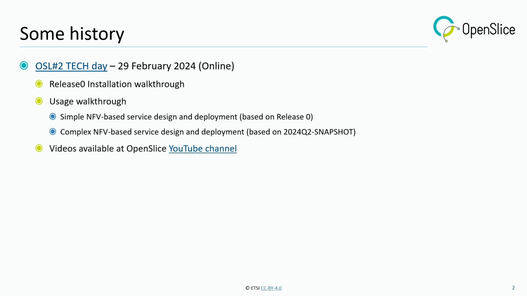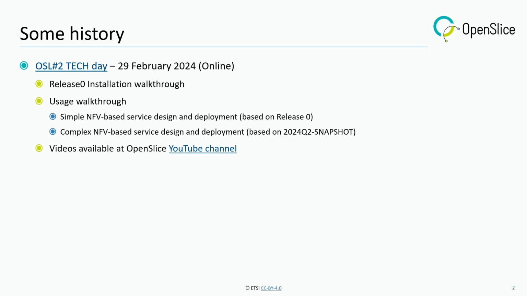We had the Release 0 installation walkthrough. Release 0 was the release that we ported from GitHub, and it was before the first initial release of OpenSlice under ETSI. We had a simple usage walkthrough of OpenSlice, but this was extremely NFV-based.